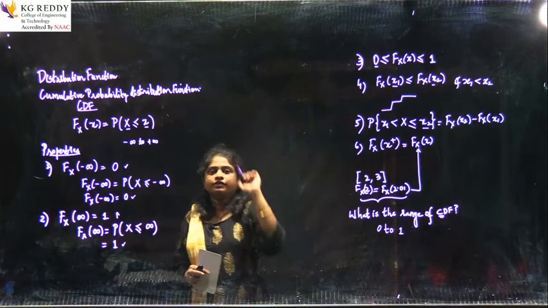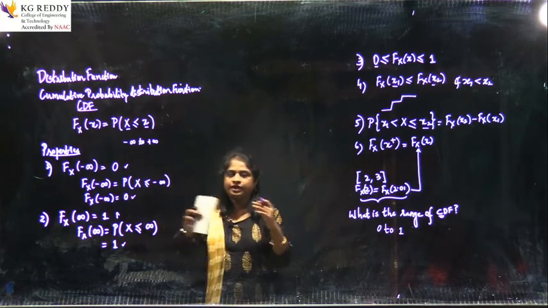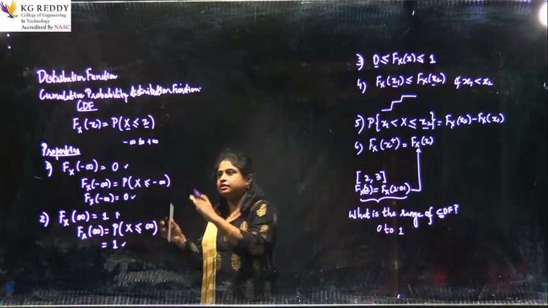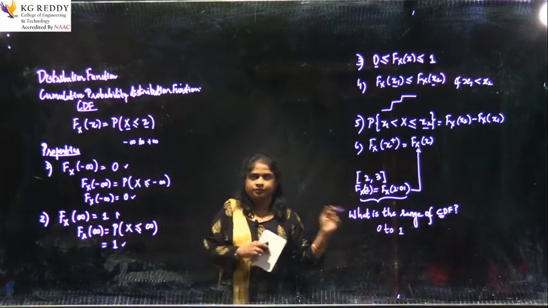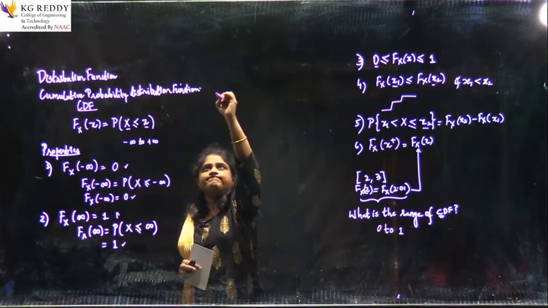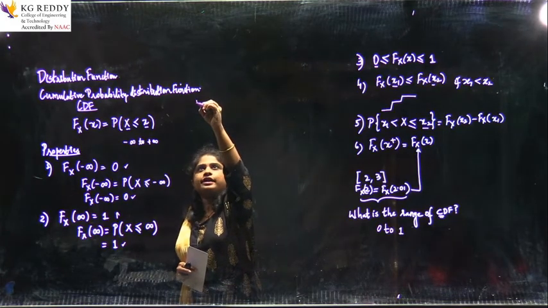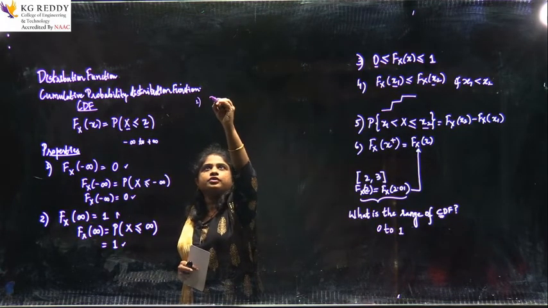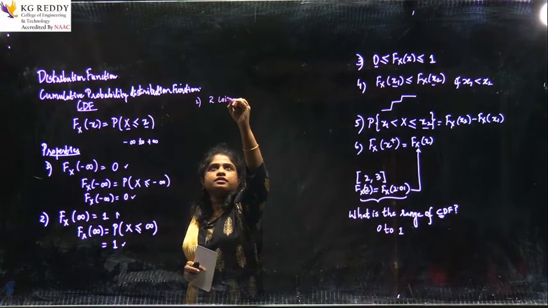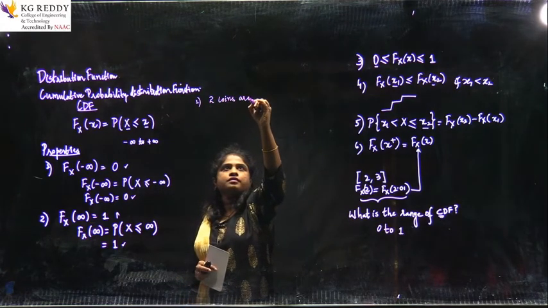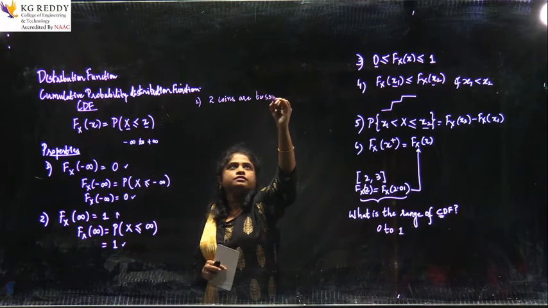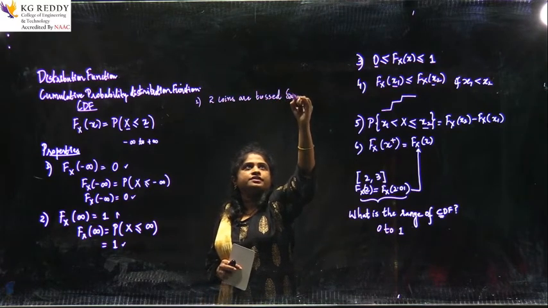Now we will take one example and try to solve the cumulative distribution function, right. I will take an example where two coins are tossed simultaneously.